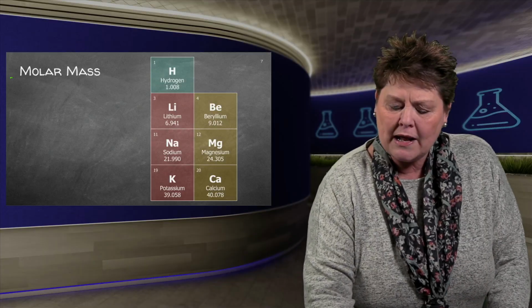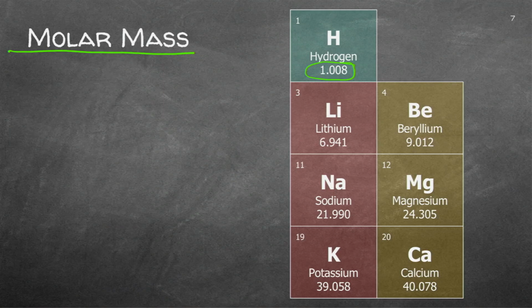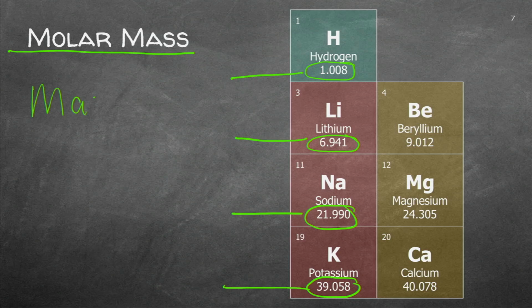What does the molar mass mean? Again, you go to hydrogen, you go to lithium, to sodium, and to potassium, and in all cases, in the whole periodic table, it will be the mass of 1 mole. So how many atoms will there be in there? 6.02 times 10 to the 23.